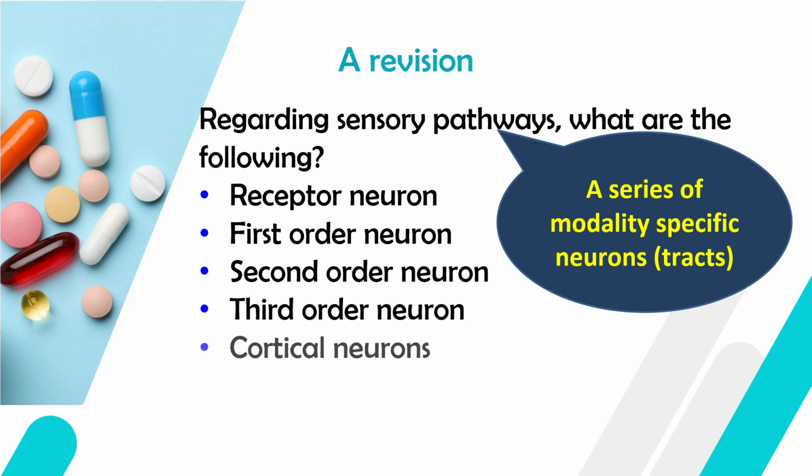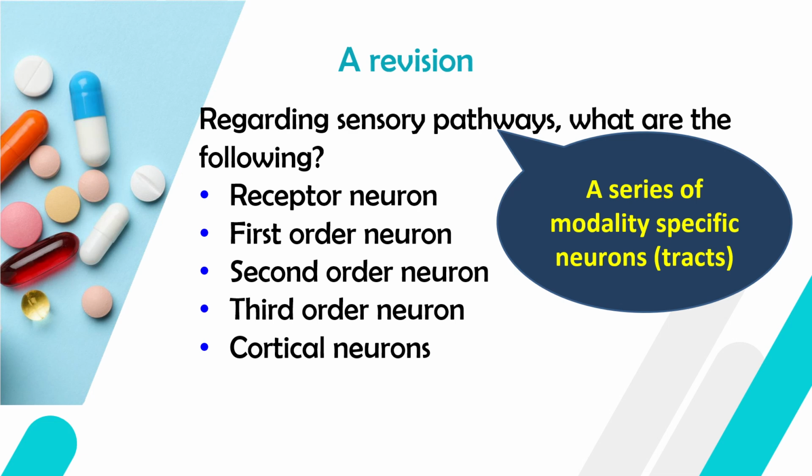You remember these? First, second, third order. This is typical in spinal nerves and in mixed nerves. But as you will notice today, they are quite atypical in purely sensory cranial nerves.